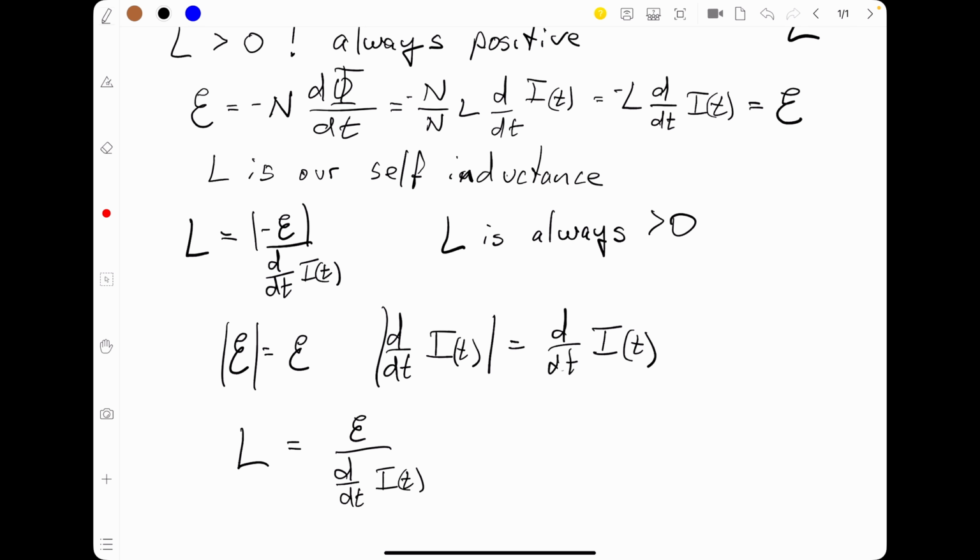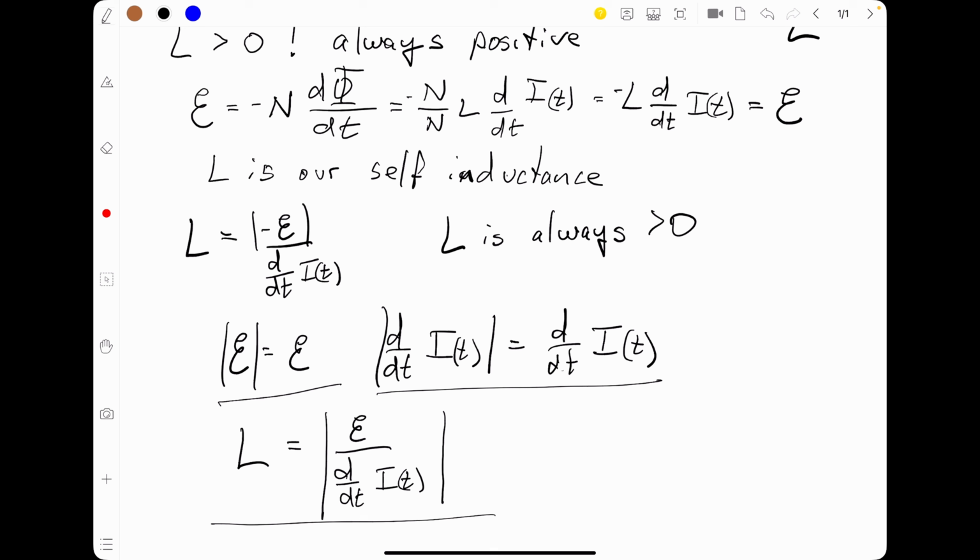I'm going to write it like this because it really doesn't matter if that's positive, that's negative. Or we can just take the absolute values of the items themselves. So you can do the absolute value like this, or like this, however you want.